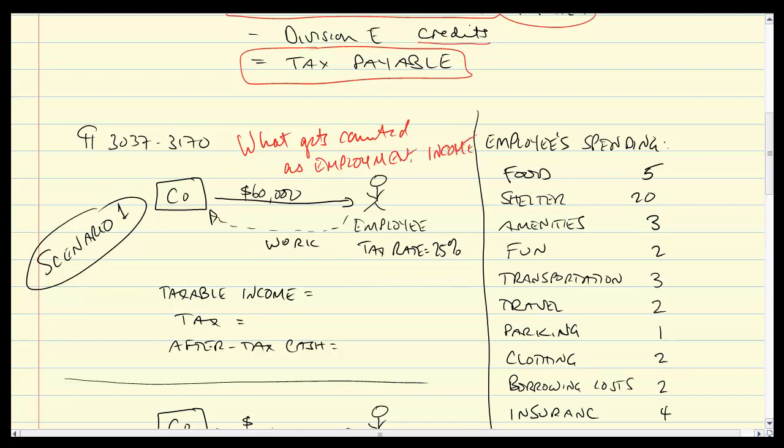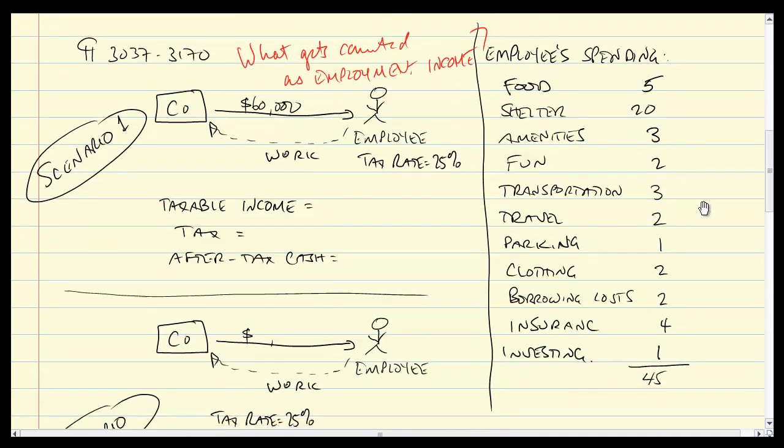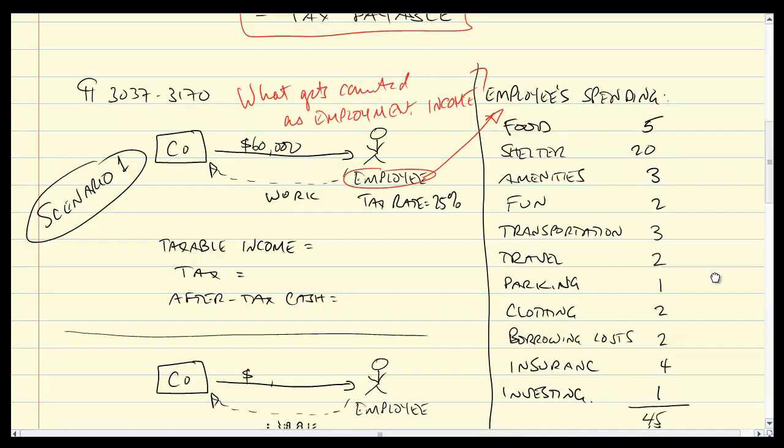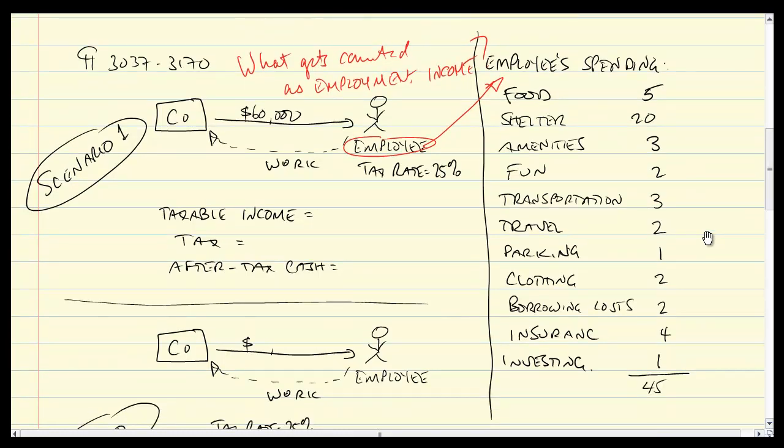So I've got two scenarios here. The first is a very simple scenario. In scenario 1, we've got this person we're calling employee. The employee's spending for the year, and I just made up these numbers, so it's obviously very rough, but here's what he spends his money on in a year. $45,000 needs to go out. He's got a job that pays him a cash salary. So make sure we understand this is a cash salary of $60,000.